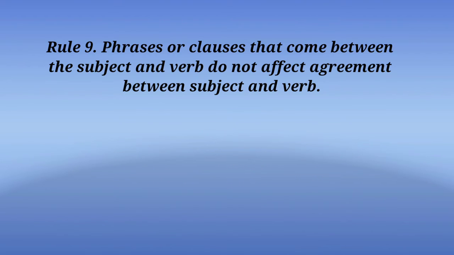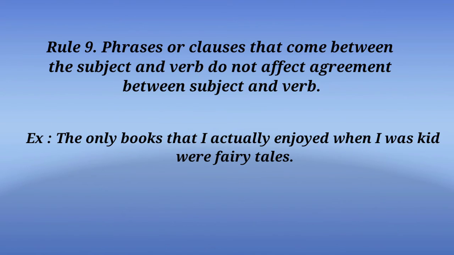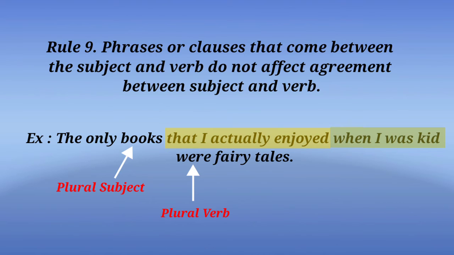Look at another example. The only books that I actually enjoyed when I was a kid were fairy tales. Here the plural verb were agrees with plural subject books, not with kid, because that I actually enjoyed and when I was a kid are two relative clauses.